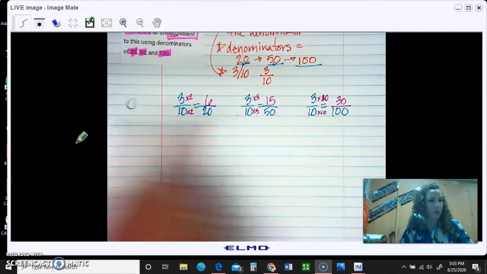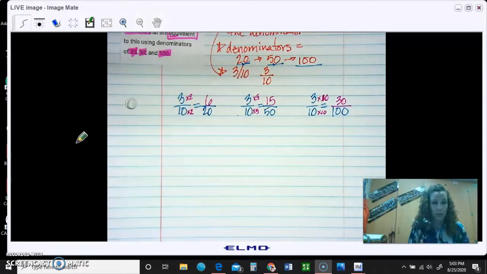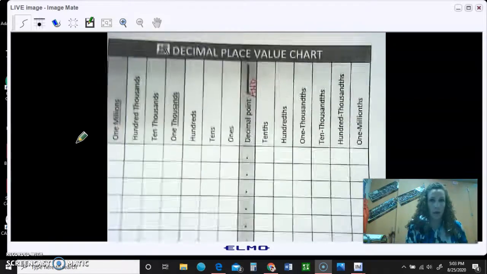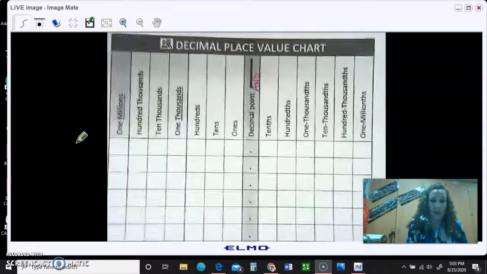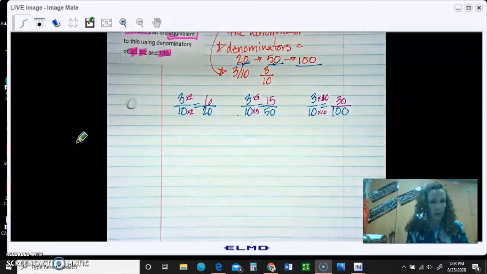So what I'm going to do is first draw a place value chart, okay? You guys have one on the back side of your whiteboards. Remember that, okay? I'm going to recreate this in the notes, just a little bit, not the whole thing. That'd be crazy, okay? So, let's see.